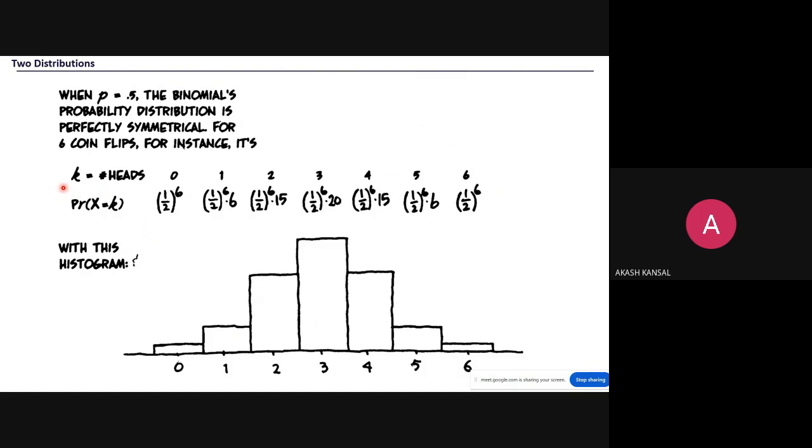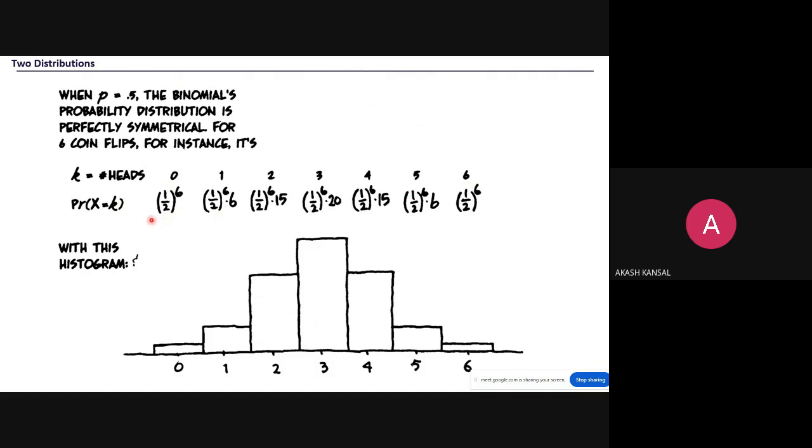Now here, when they say K heads, let me repeat the experiment. It is 6 coin flips. So 6 times you are going to flip a coin, and then K is the number of heads. Okay. So in this experiment, we are trying to prepare a table where the number of heads are 0, 1, 2, 3, 4, 5 and 6.